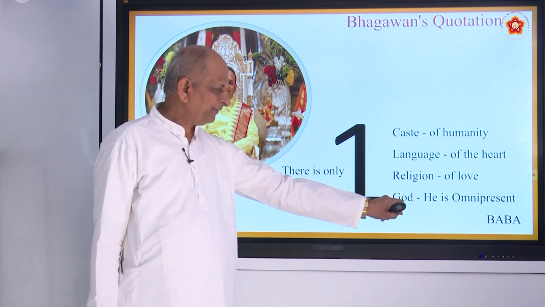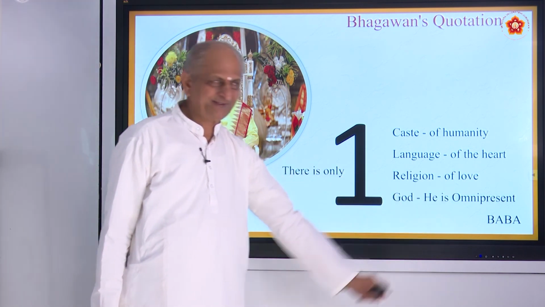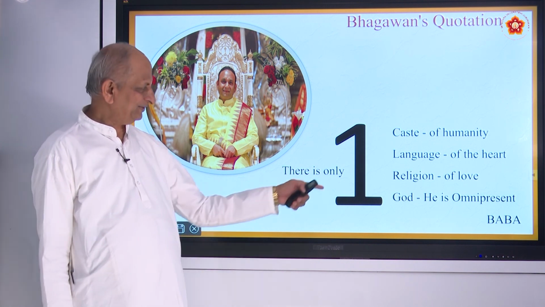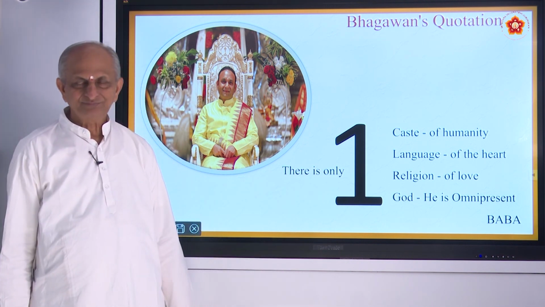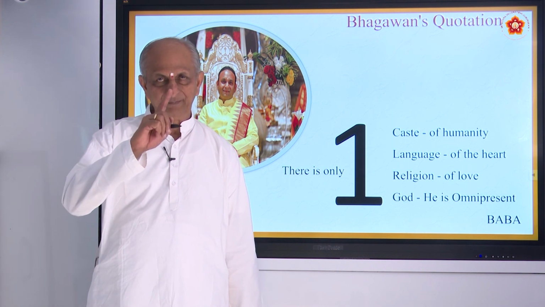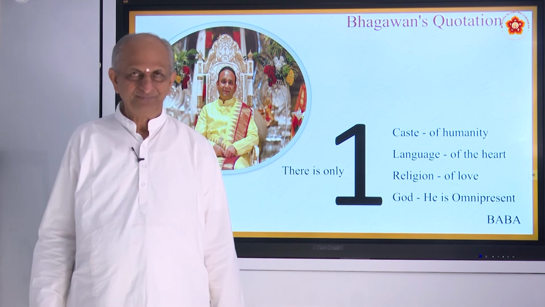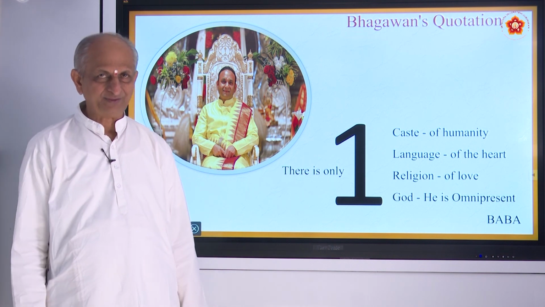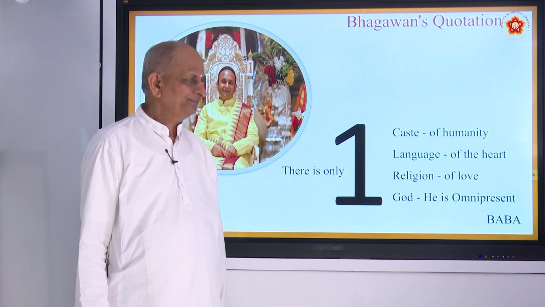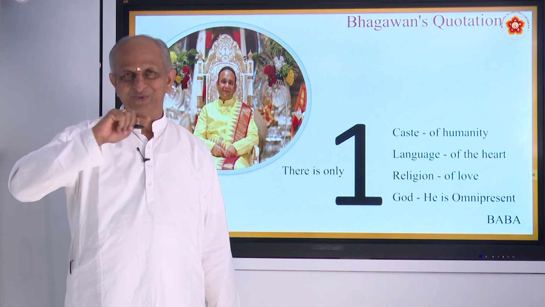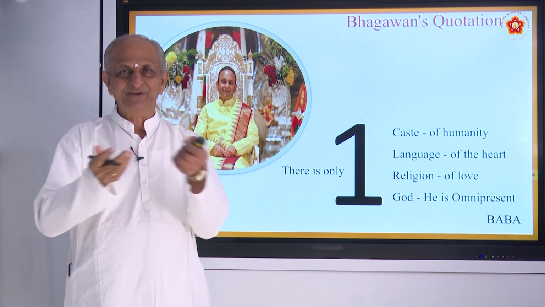Only one God, He is omnipresent, means He is everywhere. So this is a very important word. Even in the Upanishads it is told, Ekam Sat Vipra Bahuda Vadanti. Only one truth is there in the whole universe. So the word one: there was only one God earlier, even now also, but He appears in different forms, that's all.